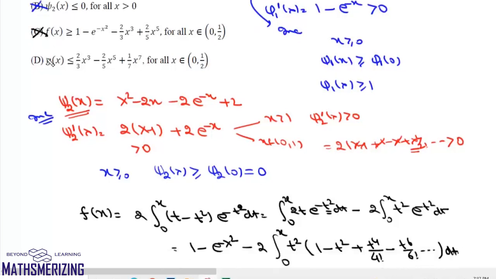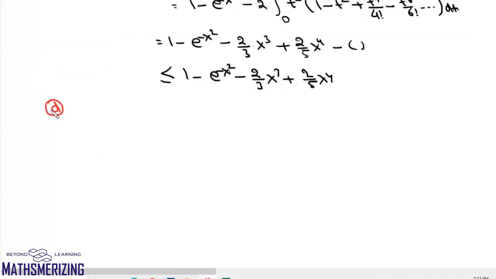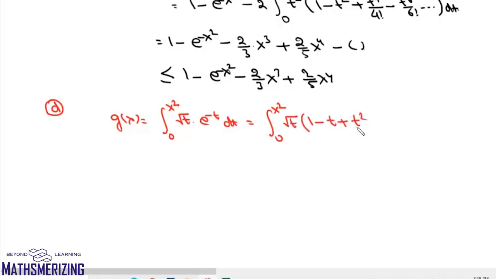Now if we look at this option D, this is the integral g(x), which is the integral from 0 to x square of square root t e to the power minus t dt. Now we can write this as the integral from 0 to x square of square root t times 1 minus t plus t square upon 2 minus t cube upon 6 and so on, dt.